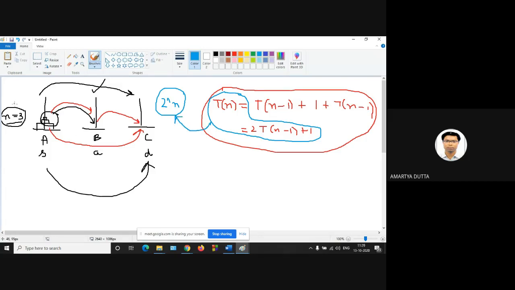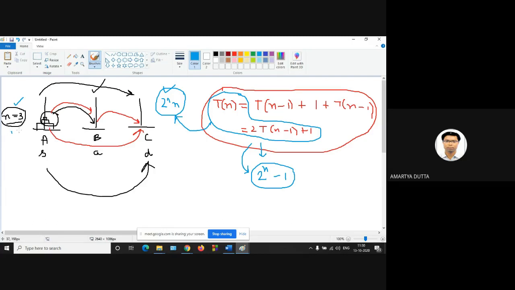Here the number of disks is 3. Actually, after solving, you can get 2 to the power n minus 1. After solving this recurrence, you can get this one, but as we are discarding the constant term, the complexity is 2 to the power n. Now 2 to the power n minus 1 movements are required for moving n disks.